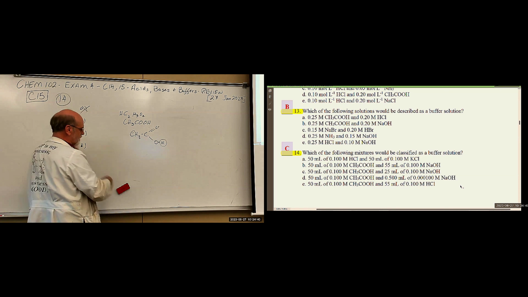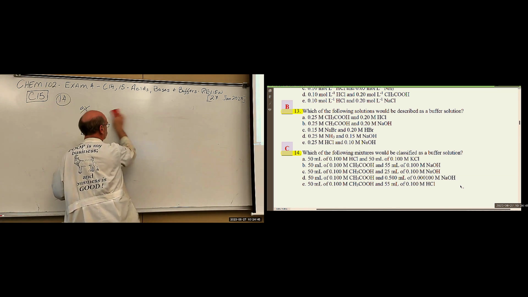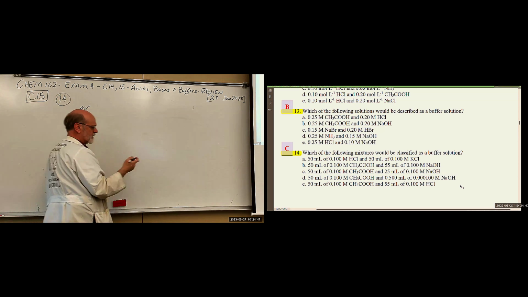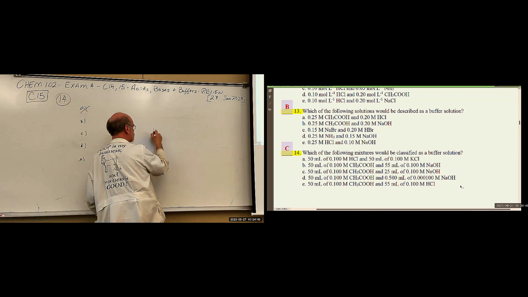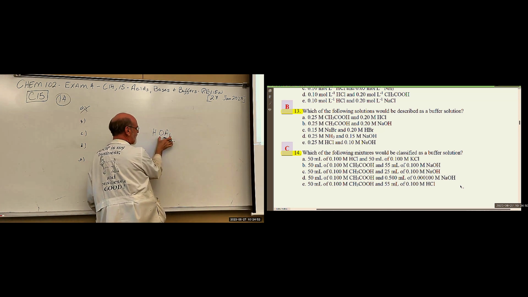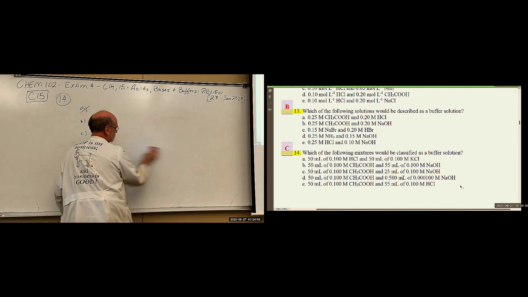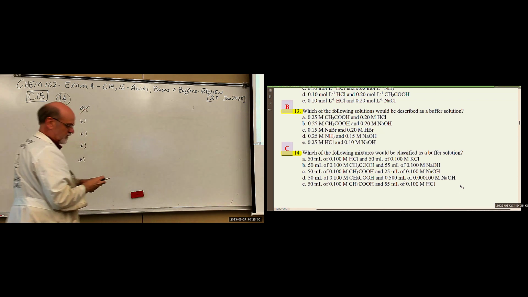So that there be no confusion, that's acetic acid. Sometimes you may see it written this way, HOAc. So that's the acetate ion, and that's the hydrogen. Right. I'll try not to write it that way, so maybe there's less confusion.